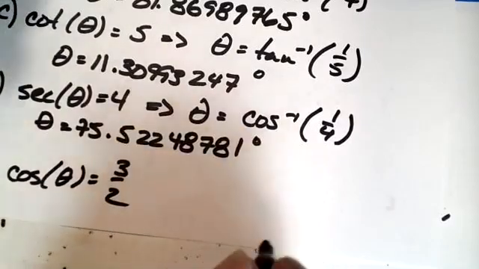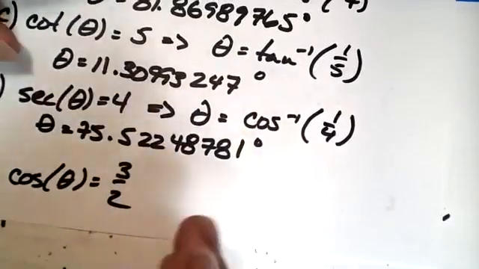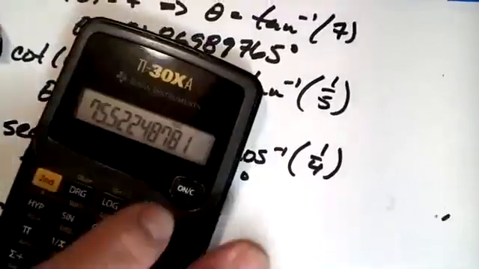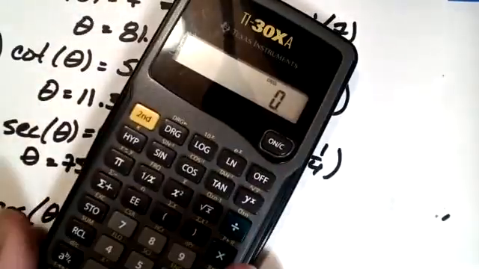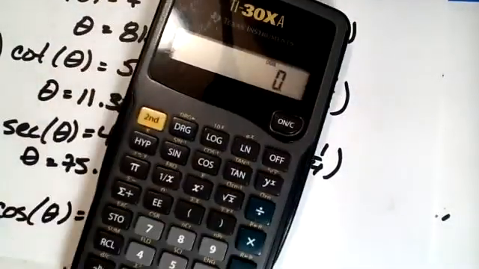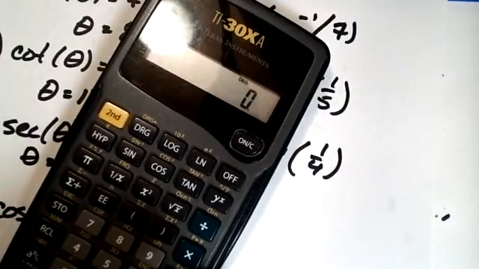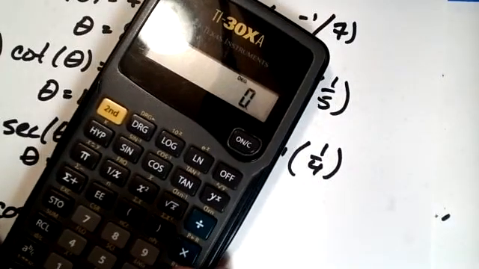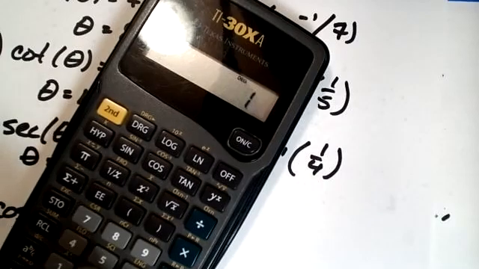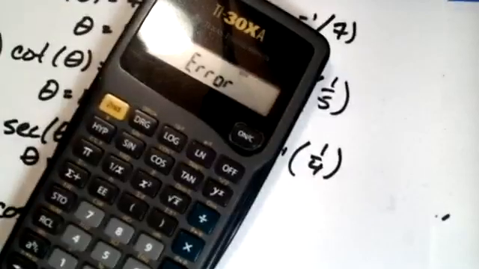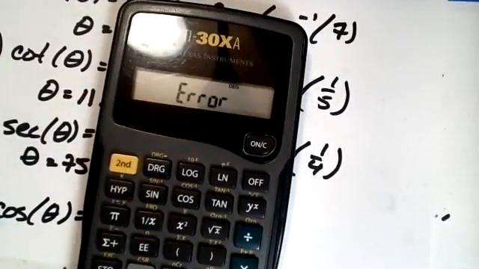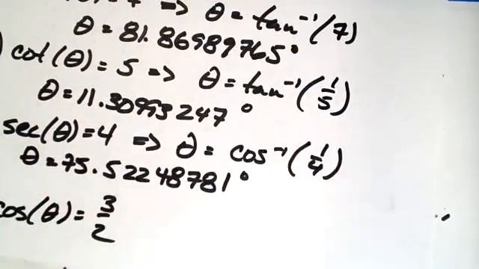There's no angle that will work, and you can waste a lot of time trying to do it, because if I were going to follow the regular rules, I'd say this is the same thing as saying inverse cosine of 3/2 is equal to theta. So when I put 1.5 and then try to take the inverse cosine, I'm going to get an error. And the error is because there's no such angle that will do that.